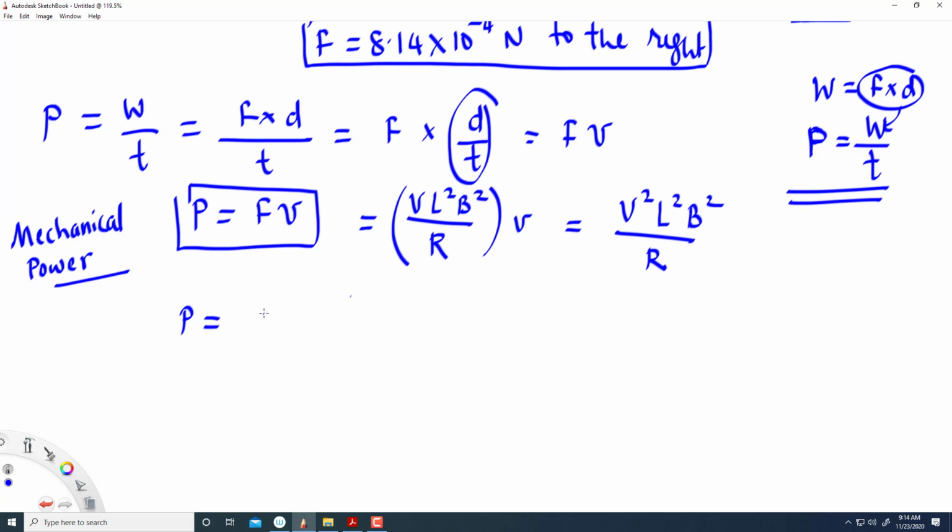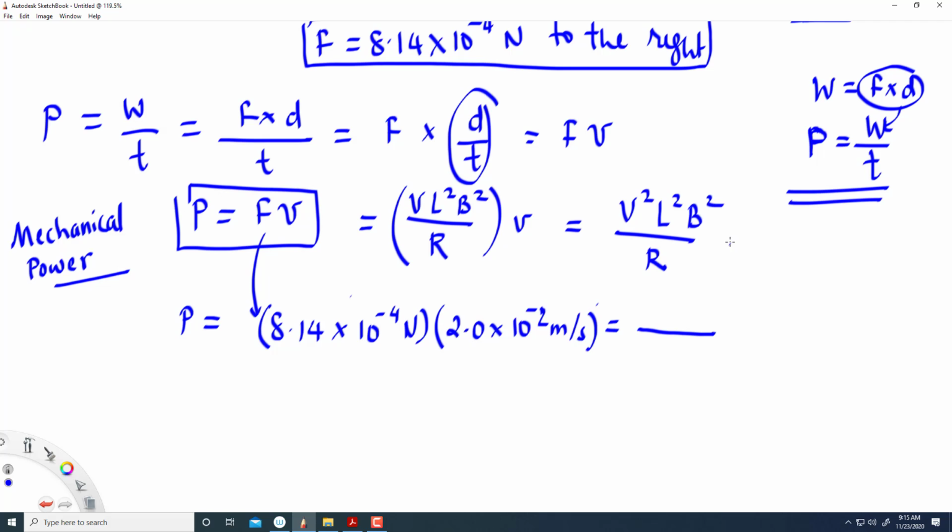We already found F, 8.14 times 10 to the negative 4. V is 2.0 times 10 to the negative 2. So that will give you the power. Or if you like, you can also plug in the numbers in this expression. That will also give you the same thing, because these two are the same expression.